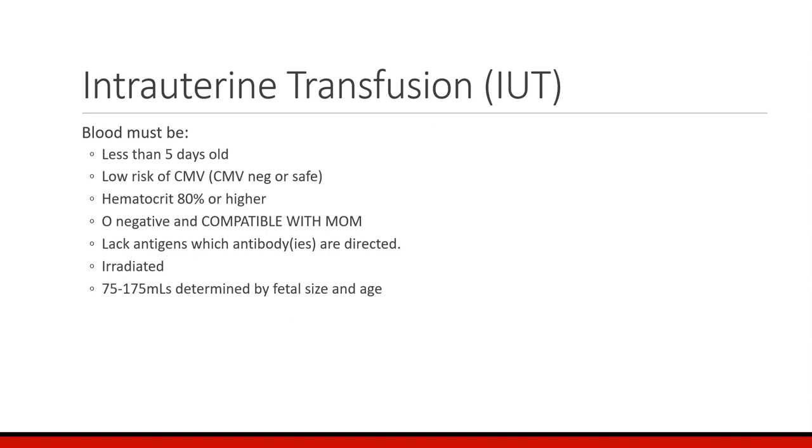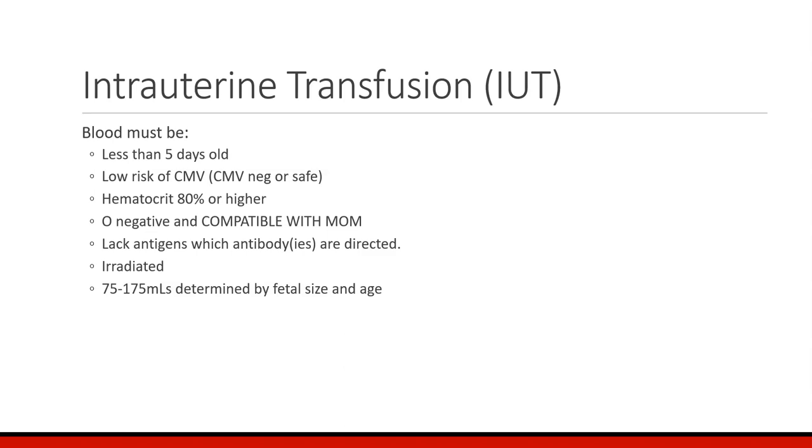Memorize the criteria for intrauterine transfusions. Blood must be less than 5 days old, low risk of CMV, either CMV negative or CMV safe, which is your leukoreduced products. It must have a hematocrit of 80% or higher, and we will actually adjust the hematocrit to what the physician wants.